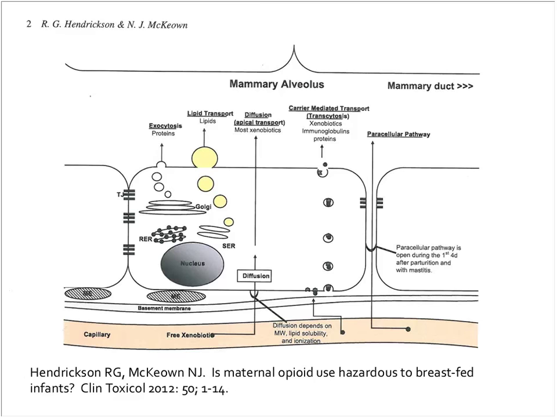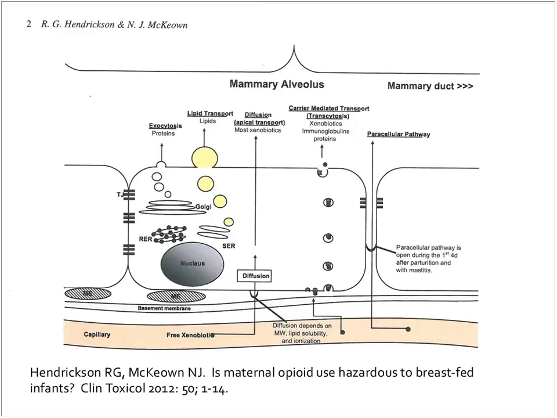So the milk that is expressed is always one cell layer from a capillary, and so it really does reflect the amount of the substance that's in the mother's blood at the time of the feeding. Human milk does not get produced and then stored away from capillaries. It is constantly one cell away from capillaries. And so any xenobiotic, any medication, can travel into the mammary alveolus and can also diffuse back as well.